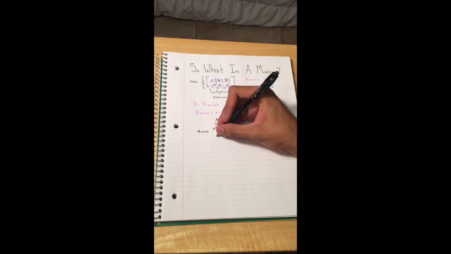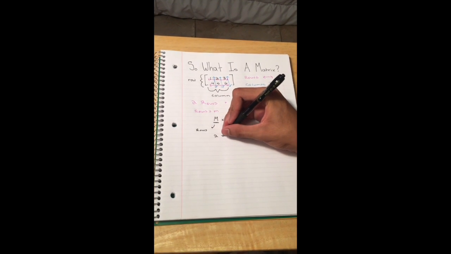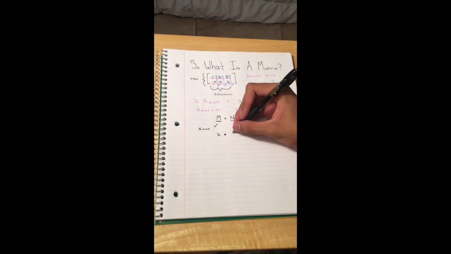So after you do that, you would find out that you would have a 2 by 3 matrix.